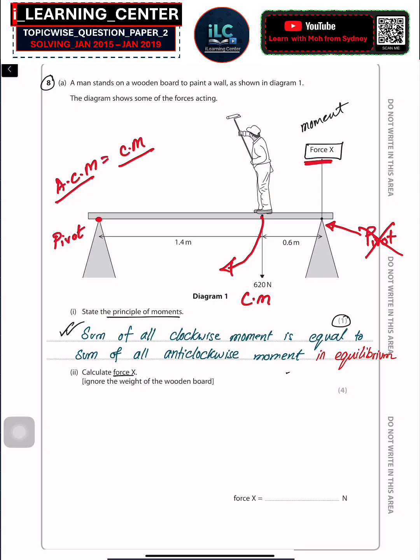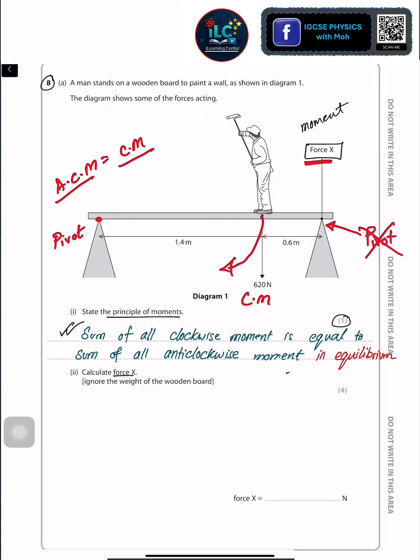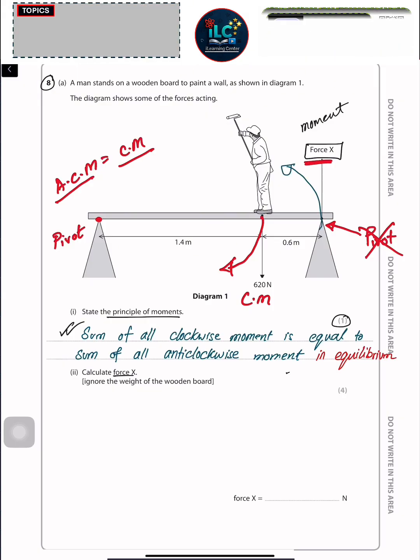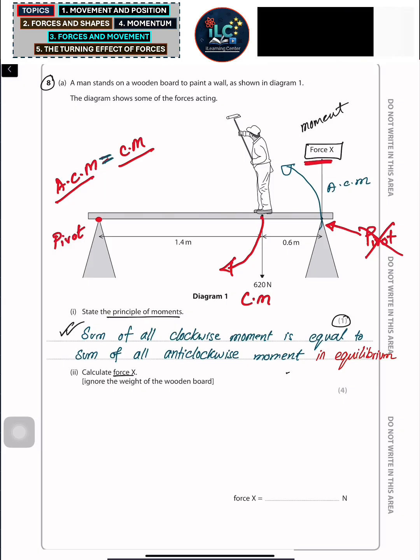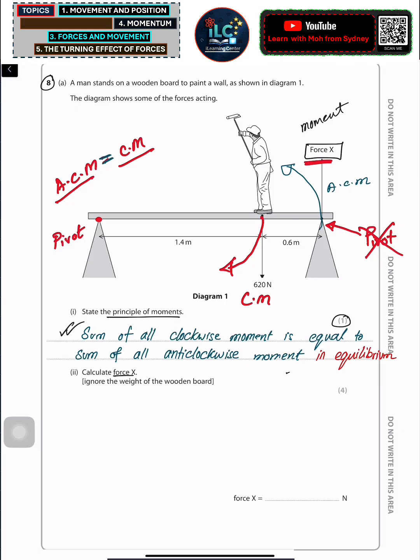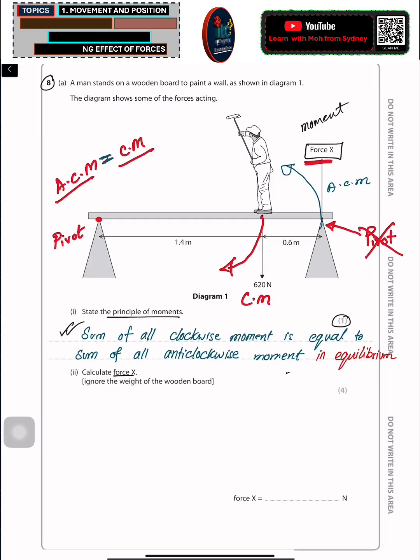And another anti-clockwise moment will be this one, which is balancing it. Otherwise, how is this person stationary? Both have to be equal. If they're not equal, you can't balance it. You will move either right or left. Okay, so all the distances will be starting from this point.